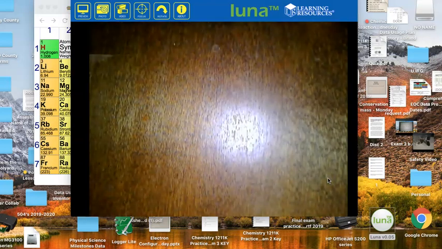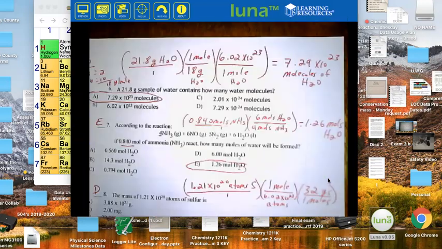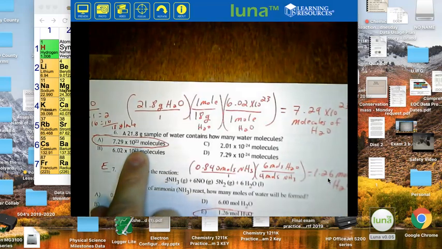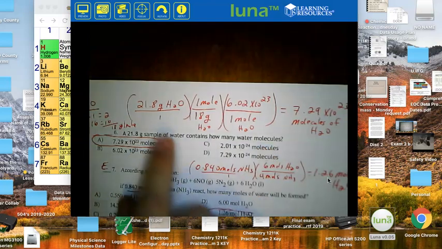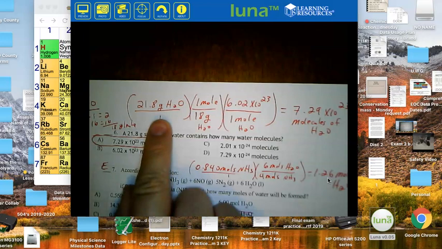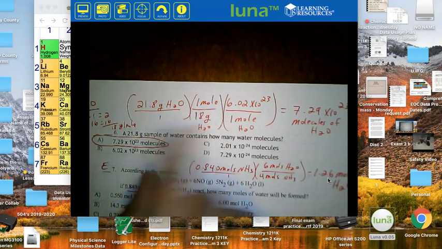All right, number 6. It says a 21.8 gram sample of water contains how many water molecules? You're starting out with 21.8 grams of water, converting grams of water to moles of water using the molar mass of water.